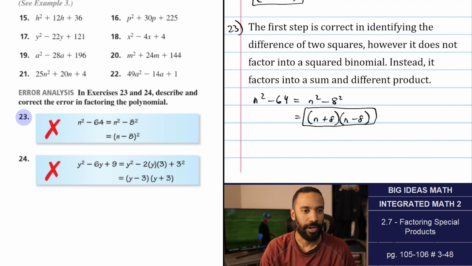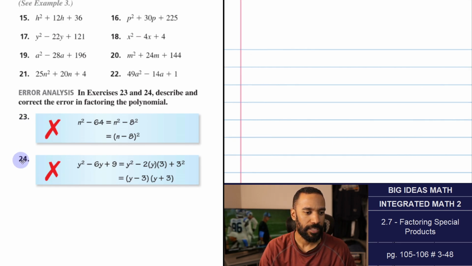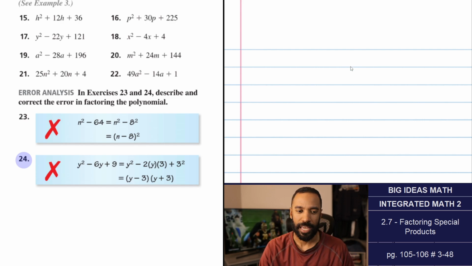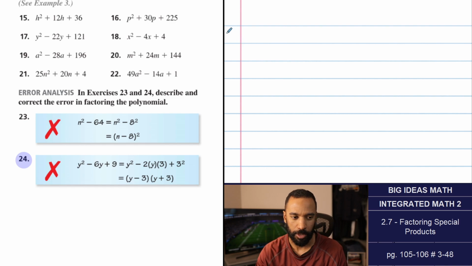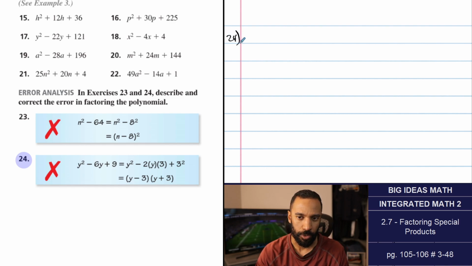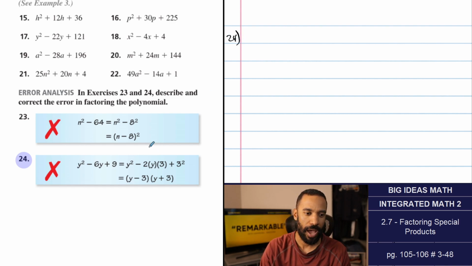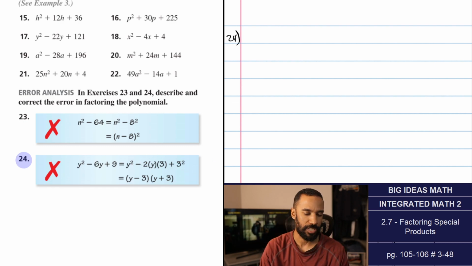Number 24, y squared minus 6y plus 9. We identify what things are being squared in this perfect square trinomial, that the middle term is double the product. I don't know anyone who would make the end mistake. So they do have correctly identifying it's a perfect square trinomial for this reason, and then they wrote it as a difference of two squares. I don't know if I've ever seen that before.